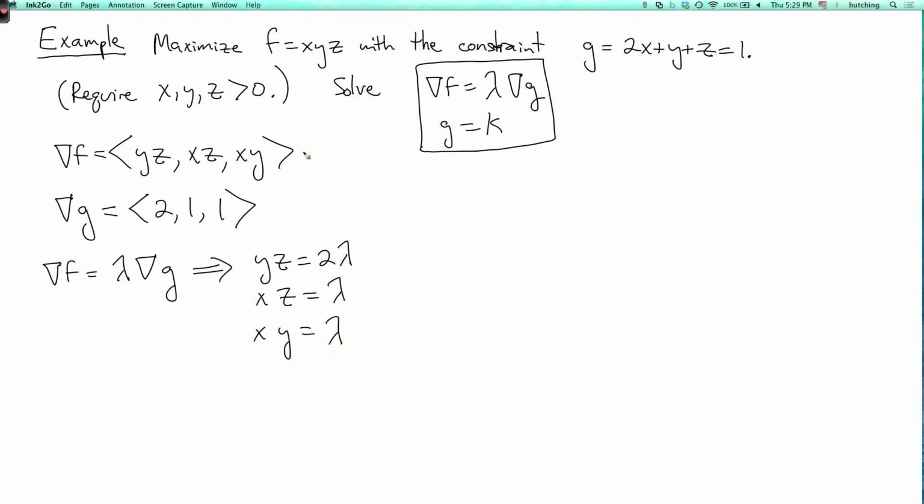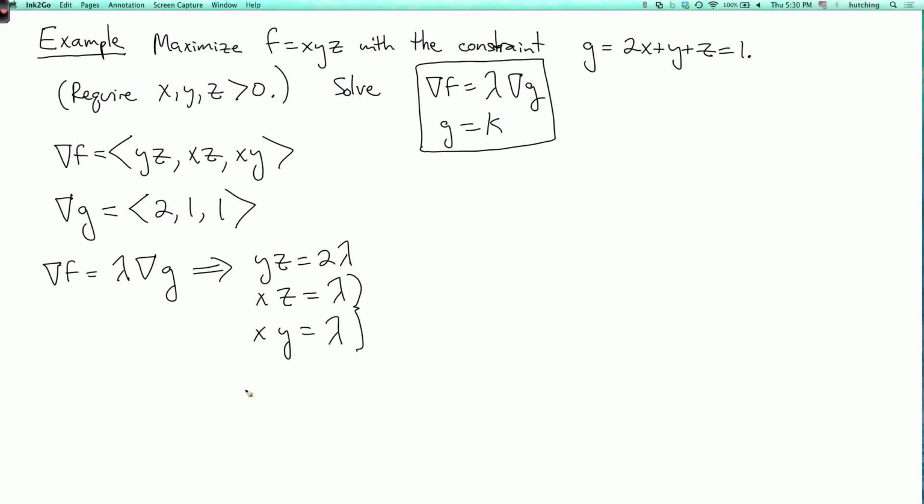So we have three equations here. Now, these last two equations tell us that y has to equal z. Either that or x equals 0 and lambda equals 0. But we're requiring x to be non-zero. So since x is not 0, it follows that z and y have to be equal.